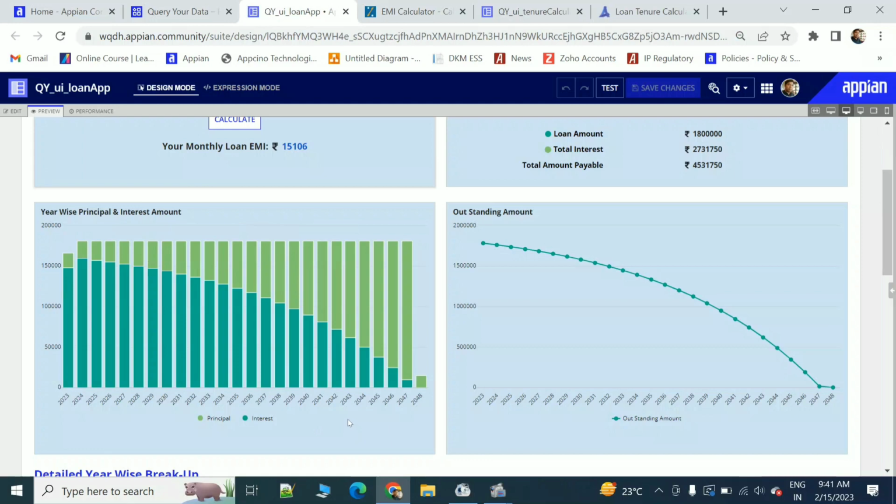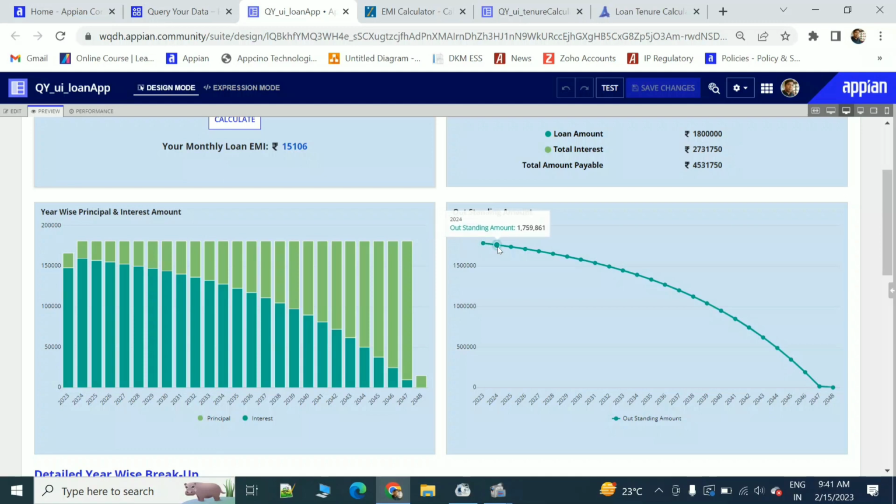So if you are taking a 25 years loan, the whole information is displayed here from 2023 to 2048, and the same line chart for the outstanding amount you can also display here. Like after the completion of 1 year, your outstanding amount is 17 lakhs 81,661.